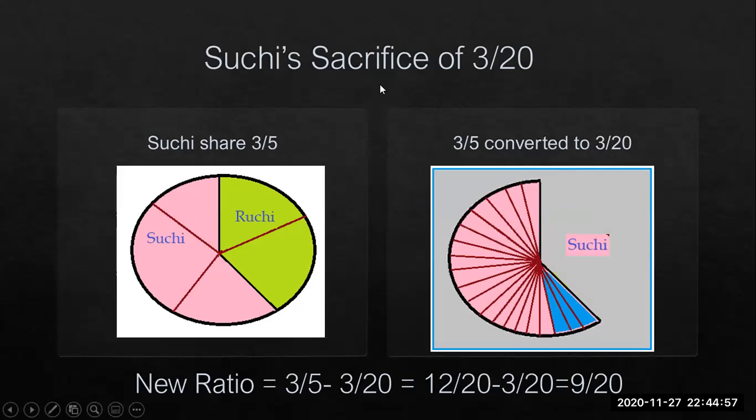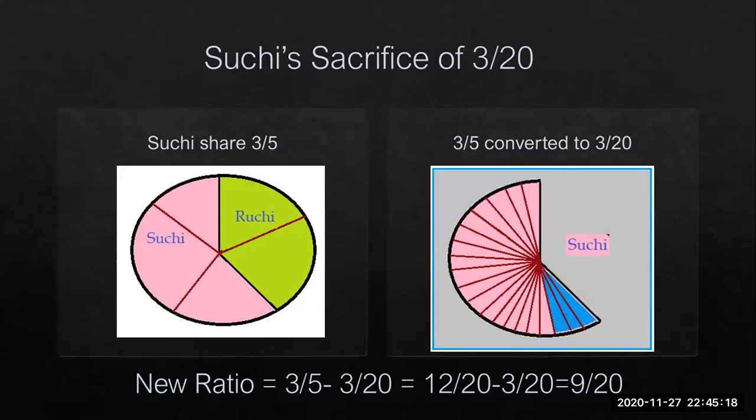And what is the meaning of Suchi's sacrifice of 3 by 20th share? That means the 3 parts which Suchi is having is being split or cut into 20 pieces, and out of that 3/5 which is cut into 20 pieces, 3 parts, 1, 2, 3, goes to Ron.